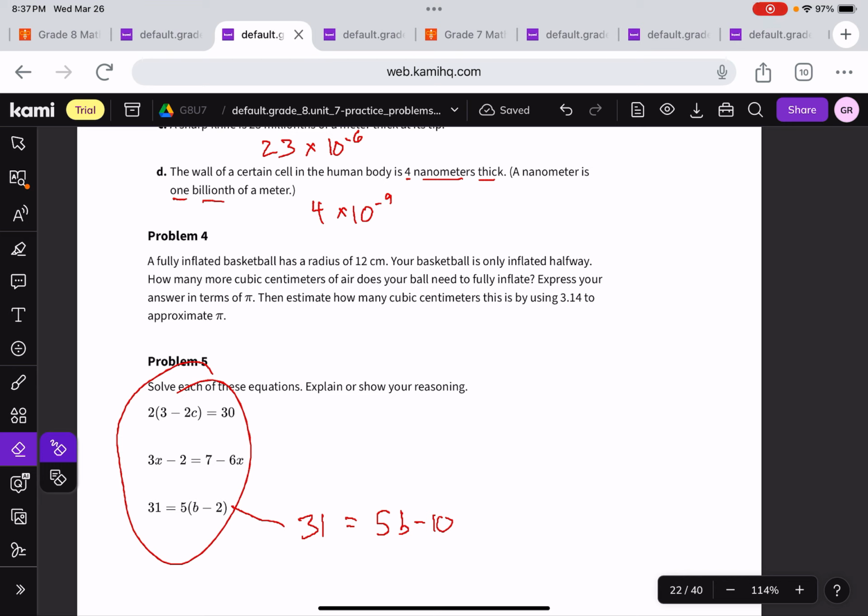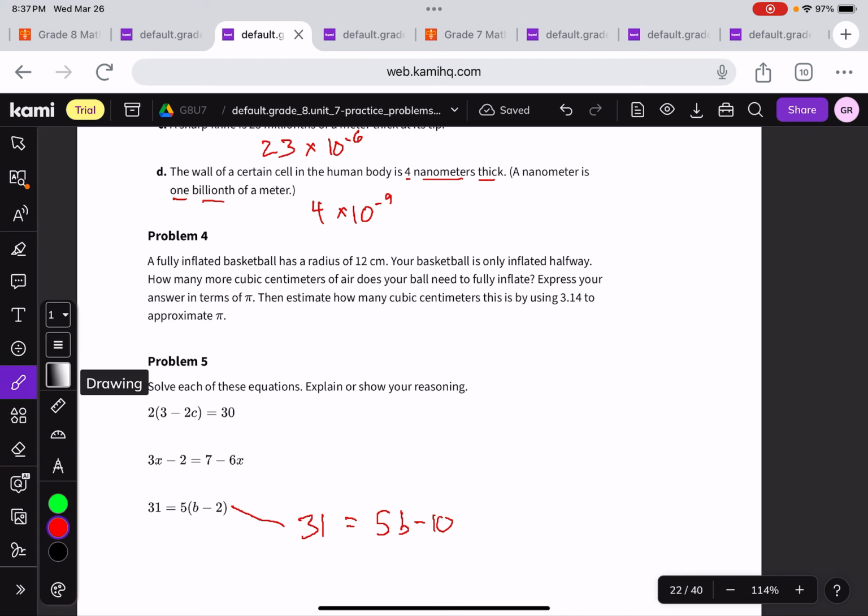Either way, that should be hopefully a good refresher. This one can be solved many different ways. You might have to write 3x minus 2 equals 7 minus 6x. What would we do first? I personally would like adding 6x first. Then I get 9x minus 2 equals 7. And I'll let you finish it from there.